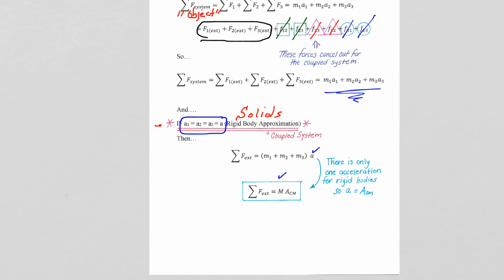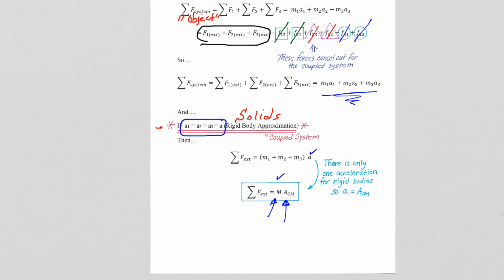And now our system object can be thought of as a point particle where F equals ma gives us the motion of our system object. The center of mass will be that point particle, which we're going to talk about in our next page of notes, and m is the total mass of the system.